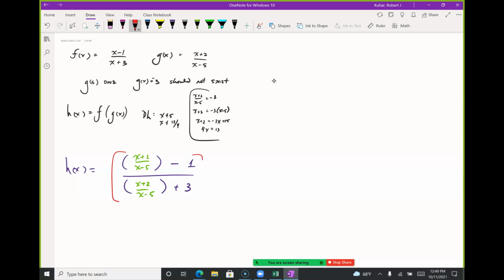And I want to do the same thing I did with my difference quotient: cancel my interior denominators. So I take the common denominator of those interior denominators, which is x minus 5, and multiply top and bottom by x minus 5.